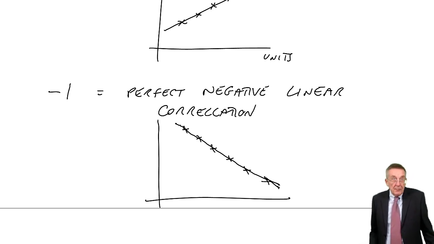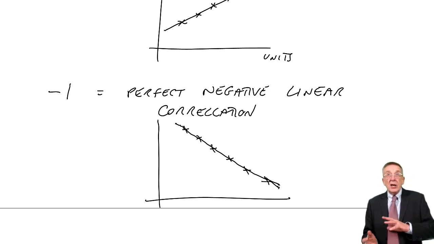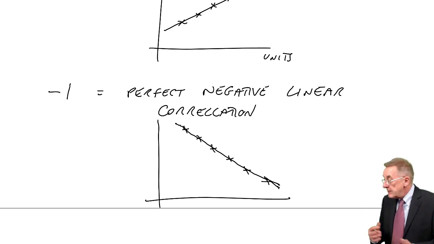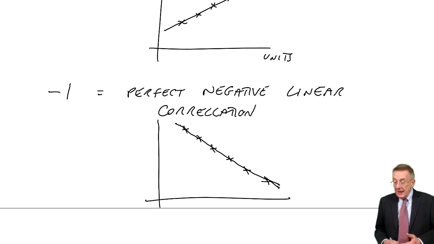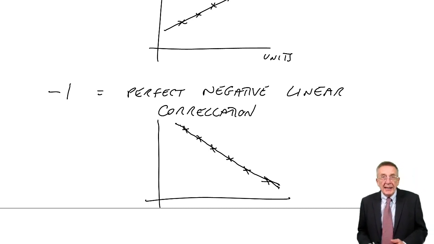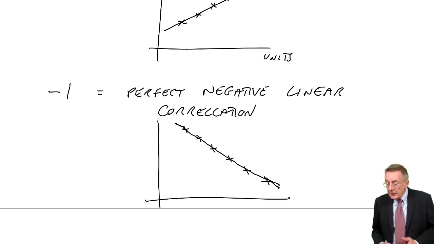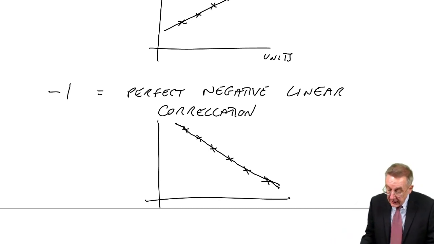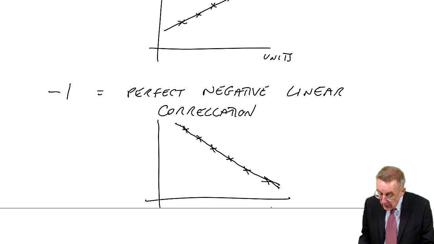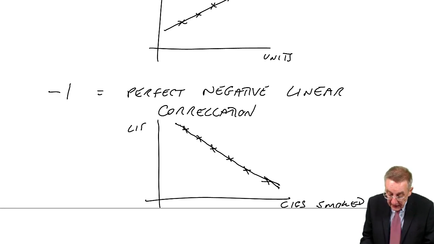I'll give you an awful example of it, but instead of comparing costs with production, if we were looking at the death rate from smoking, then surely, how long you're going to live, you expect the more cigarettes smoked, the shorter the life would be in years.